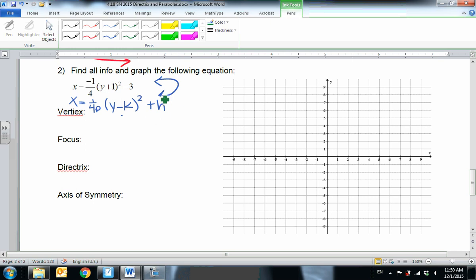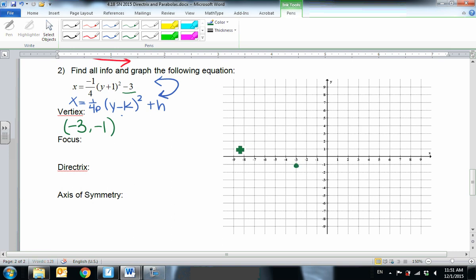What's our h value? -3. What's our y value? -1. Good. Why -1? Good. Inside the parentheses is the opposite. Okay. It's a little tricky. That's new to us, so we've got to keep practicing that a little bit. Okay. So let's plot that. -3, -1.